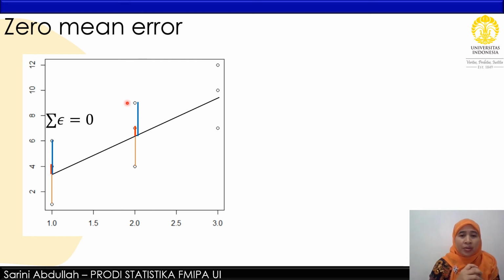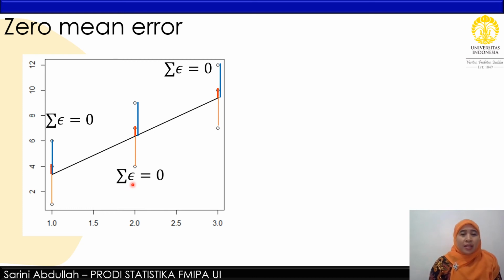But the positive and negative errors cancel out, giving us a sum of error equals 0. The same applies for the third value of x with 3 observations there. They will give us a sum of error equals 0.